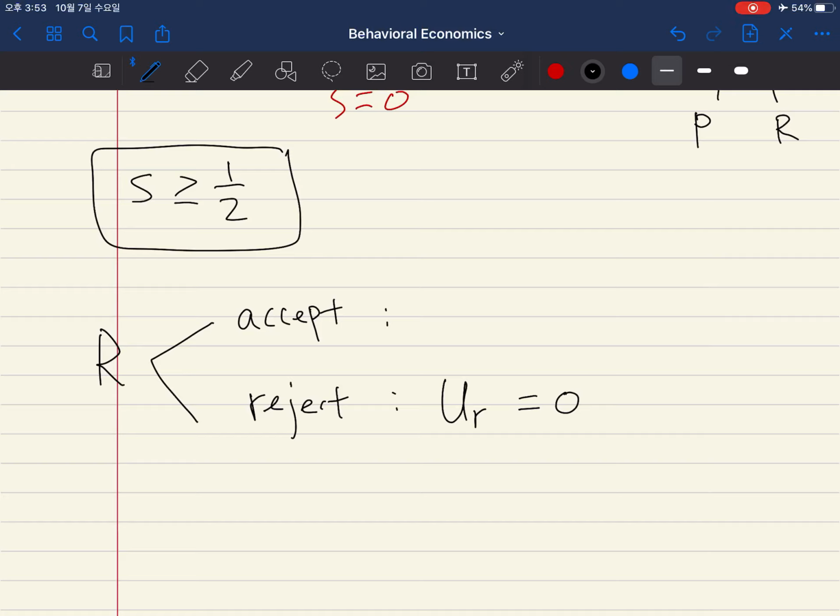Now, what if responder accepts the offer? Utility of responder is first, his own consumption, S. And because S is bigger than half, responder is going to feel compassion. So we're going to have a beta term here, beta of responder.